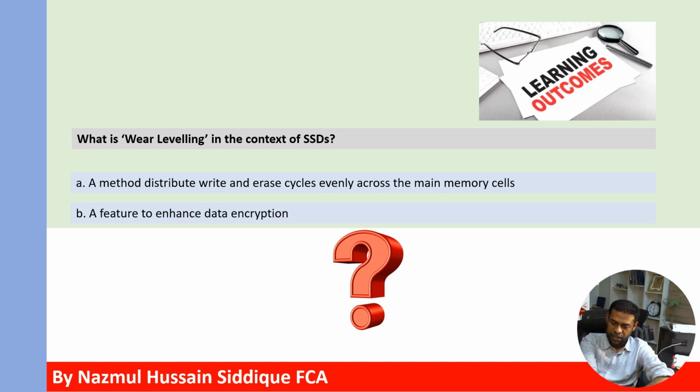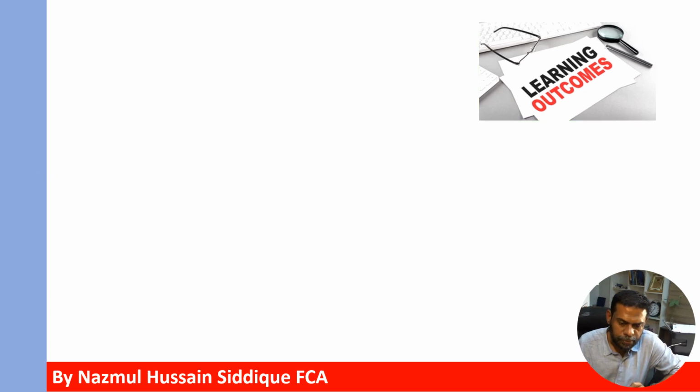Which one is the correct answer? The correct answer is A. A method to distribute write and erase cycles evenly across the memory cells is wear leveling.